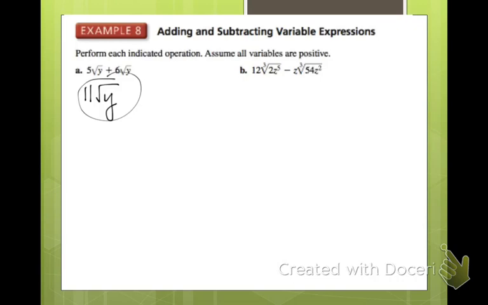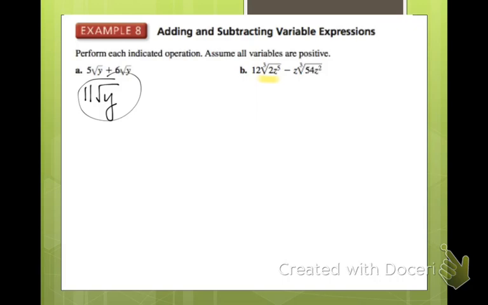So now b, write this one down: 12 z cube roots of 2z to the 5th minus z cube roots of 54z squared. Okay, so we can't combine those right now because our expressions are not the same. But let's see what simplifying we can do. So first I'm going to look at my first expression. Cube root of 2, that's as simple as I can get it.